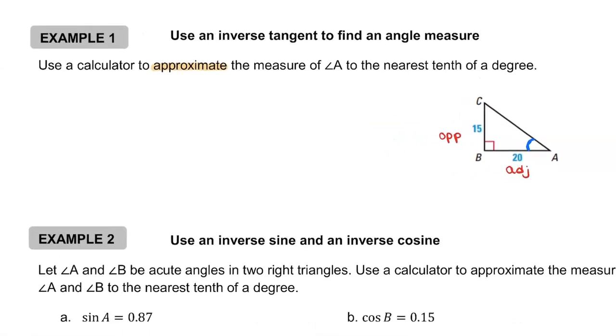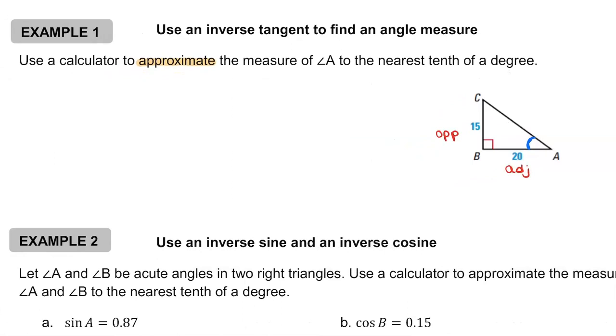Tangent. Yeah. So just like in 7.6, you guys can start by setting up just a normal trig function. So we can say tangent of A is equal to our opposite, which is 15, over our adjacent, which is 20. Everyone comfortable with that setup? We've done it a lot at this point. Okay, here's the weird part. Now, with the inverse function, we're going to flip everything.